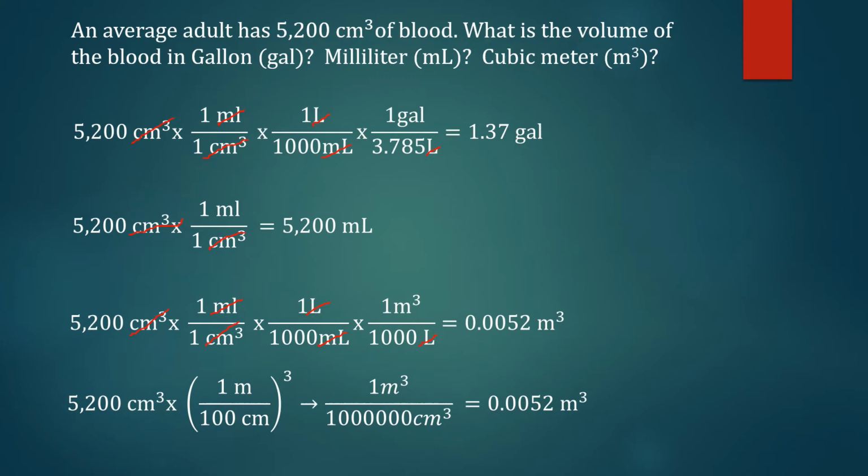So in here, as you can see, this conversion factor of 1 meter is equivalent to 100 centimeter was placed in a parenthesis and raised to the power of 3. Why? Because the centimeter cube, or the cubic centimeter, needs to be converted into meter cube.